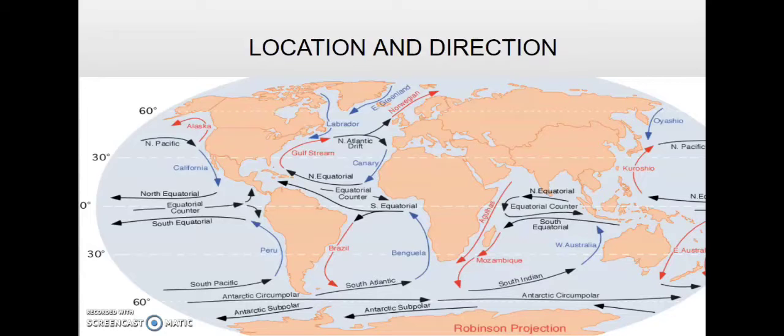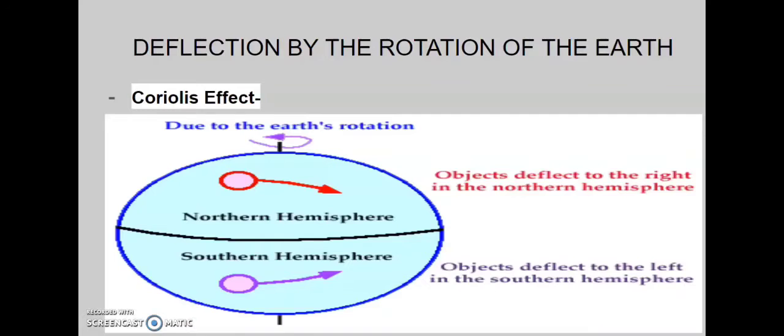Mamaya, magbibigay ako ng example sa next slide ko ng Coriolis effect. Deflection by the rotation of the Earth. Yun nga, paano nga ba siya nagkukos ng ocean currents? Ang planet kasi ay nagpo-produce ng force. At ito yung Coriolis effect.